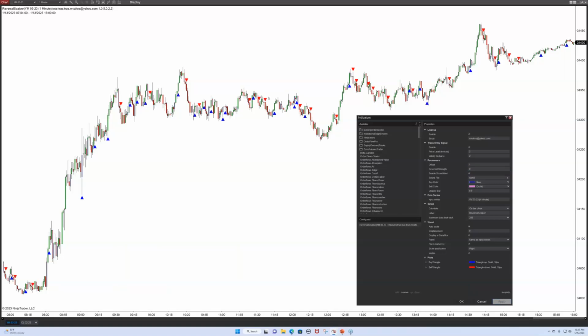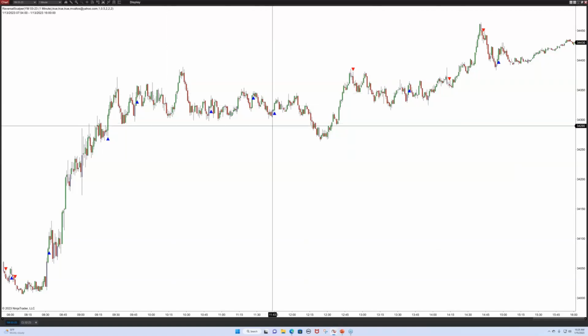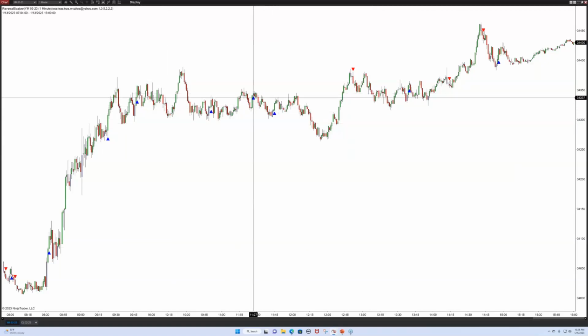And for some of you guys, it still might be too many signals, so find your sweet spot. Me, on these more volatile markets, YM, MNQ, crude oil, I like a reversal strength of 2 or 3. For me, it's just much easier. And I'm willing to take my loss here.